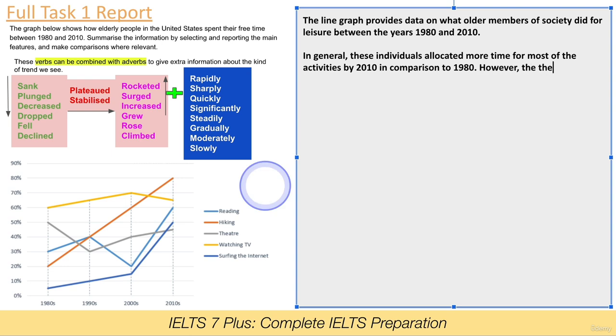However, the people attending the theatre had dropped in 2010, had dropped over, we can maybe say, over the 30 years.